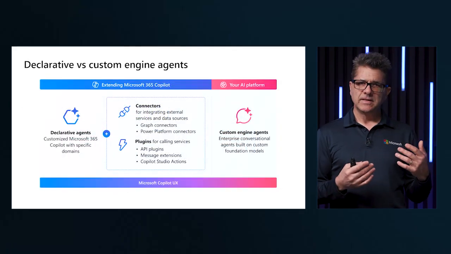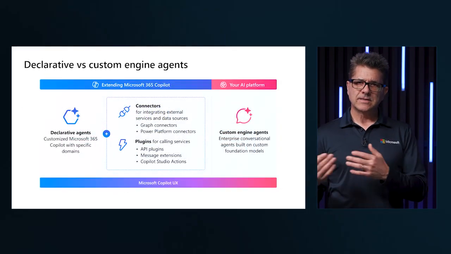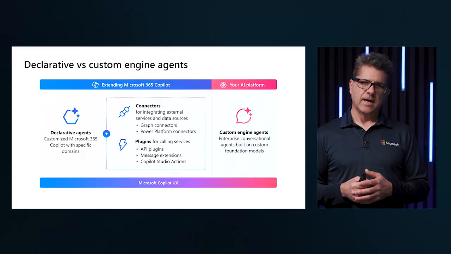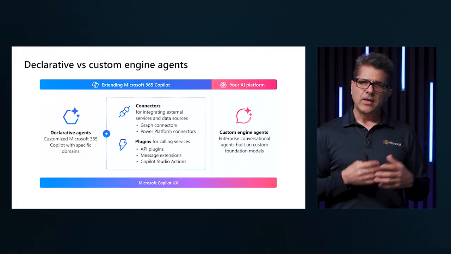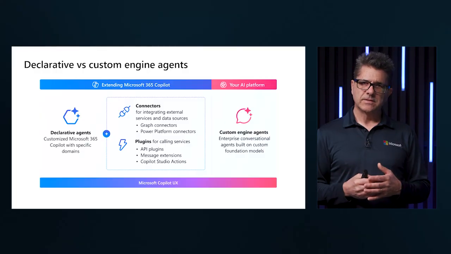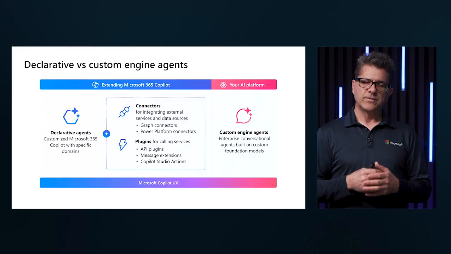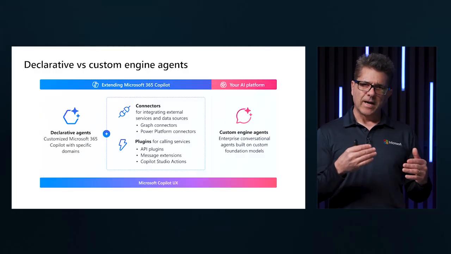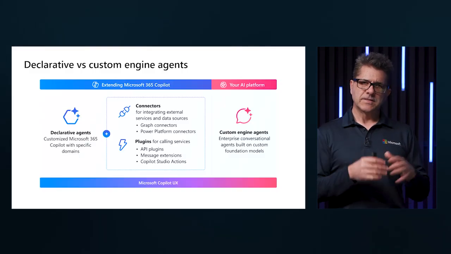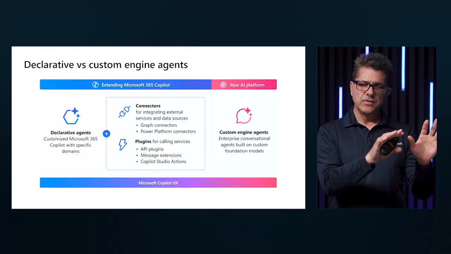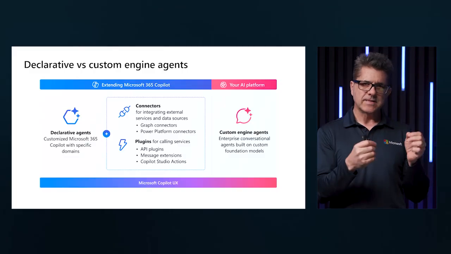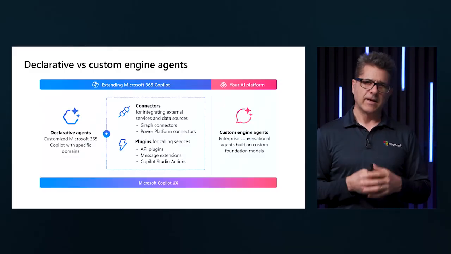Agents can be built using declarative or custom agent approaches. A declarative agent, we're going to see this in action quite a bit. They use custom knowledge and skills, integrating with your Microsoft 365 Copilot and connectors. This is going to be the absolute no-code. Business users and regular users that are accustomed to their processes can create them on the fly.